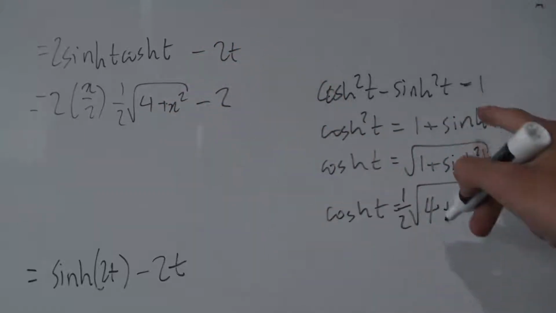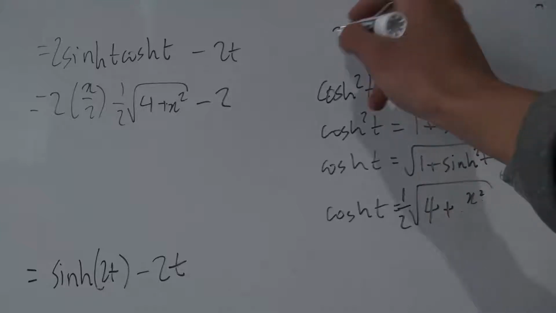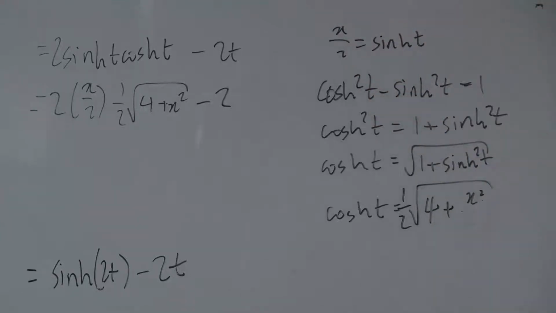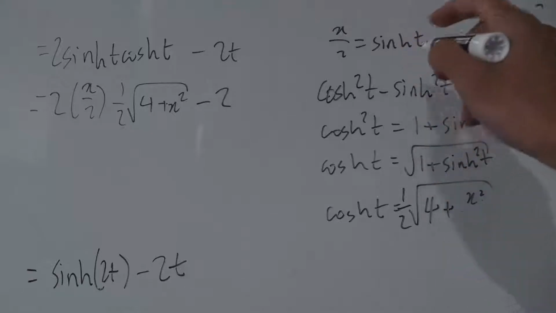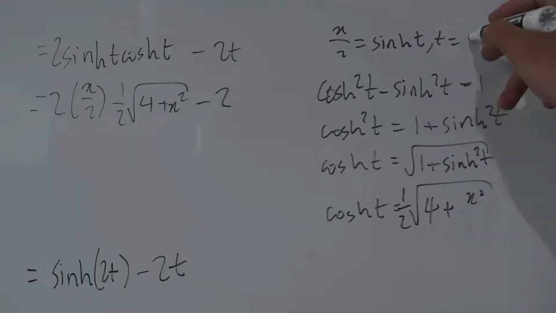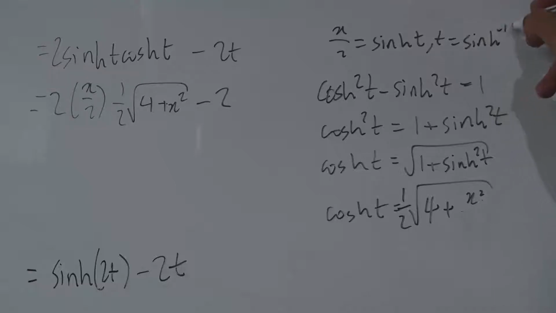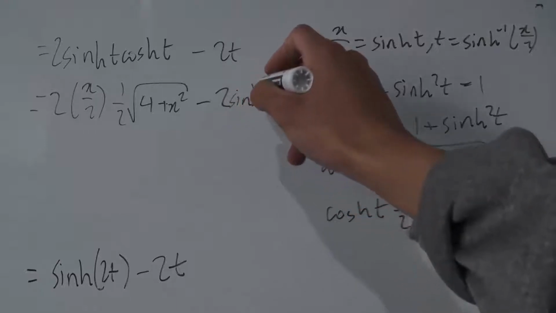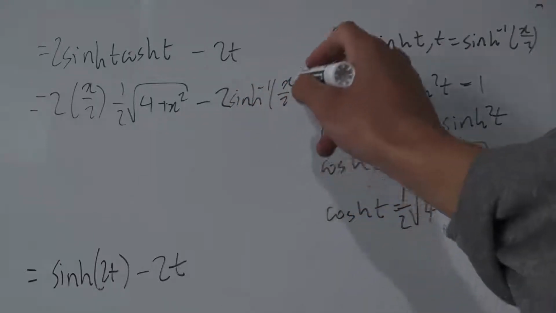So t, our substitution was x on 2 is equal to sinh t. So t, if you take the inverse sinh, t is just inverse sinh of x on 2. So yeah, t, we'll just write that in here, sinh inverse of x on 2.